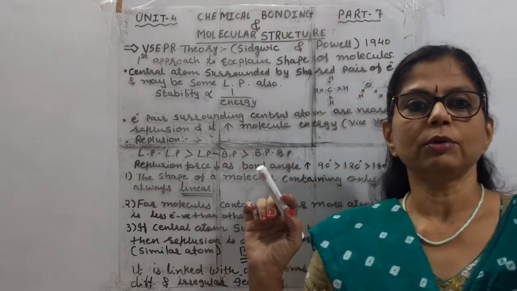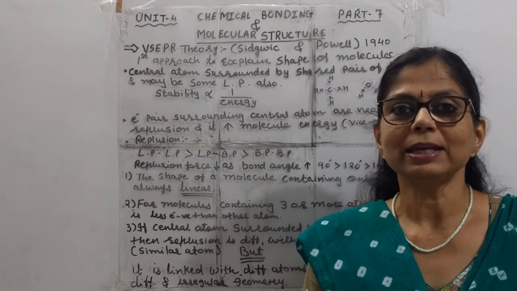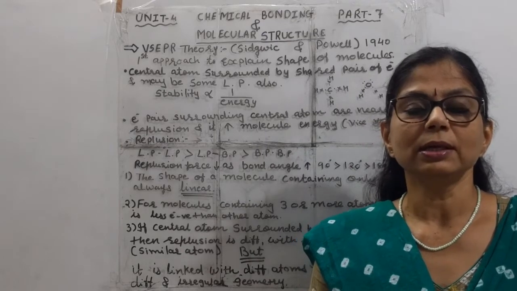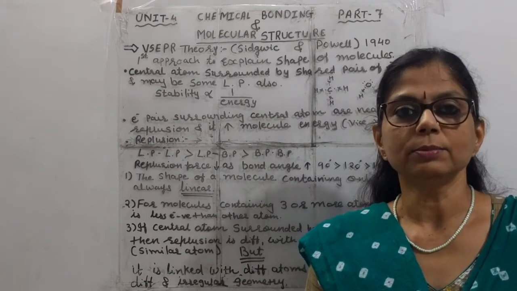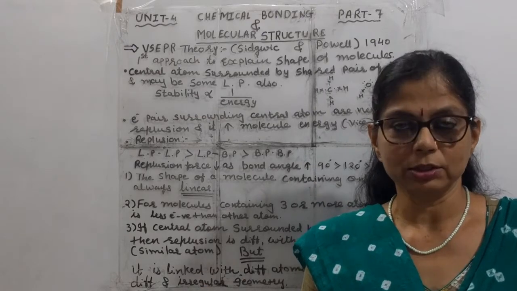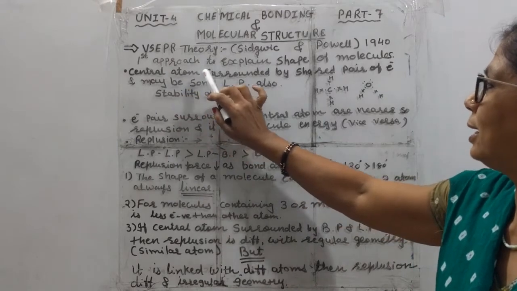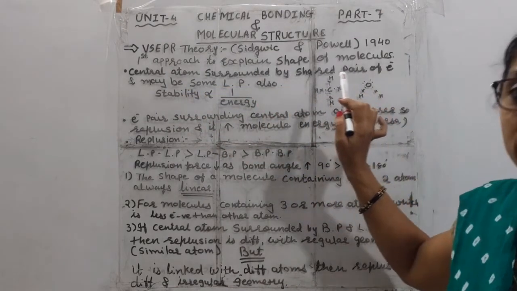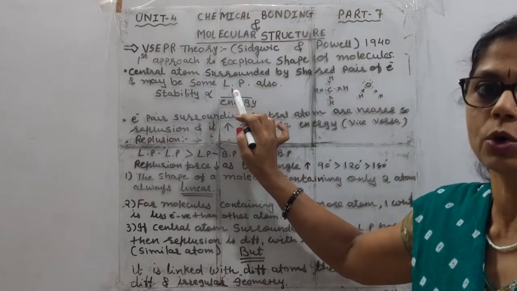We have to find the central atom in the molecule, and the central atom is the one that is less electronegative than the other atoms. It may also have lone pairs.